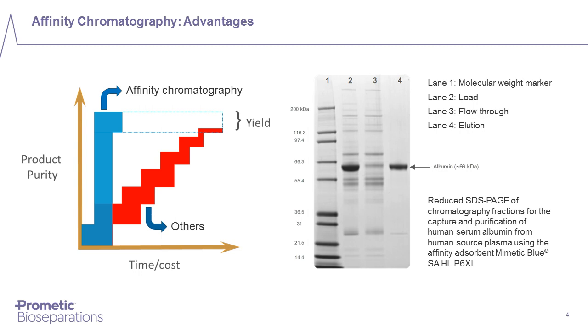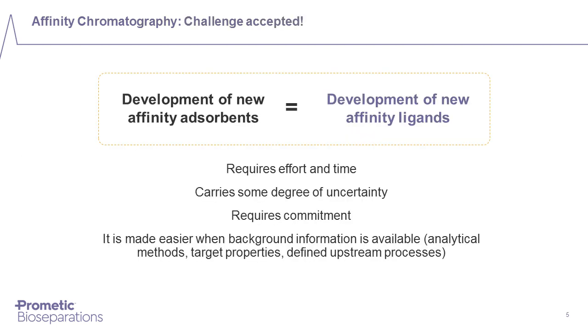You can see in lane 3, this is the flow-through, and in lane 4 is the elution fraction with albumin. You can see a small band down at low molecular weight too. But with one step, essentially, you remove pretty much all the contaminants, and you've been able to recover albumin. So this is the ideal situation.